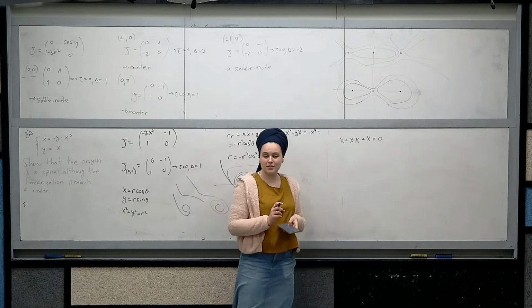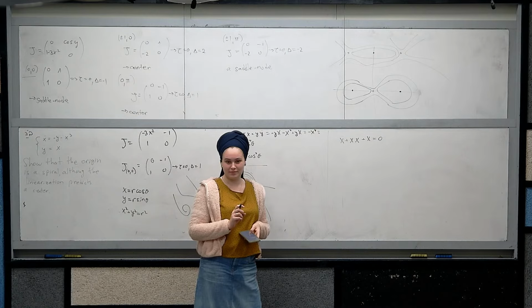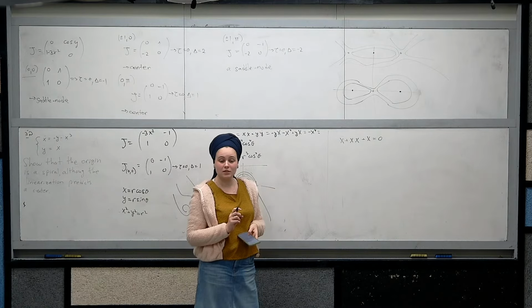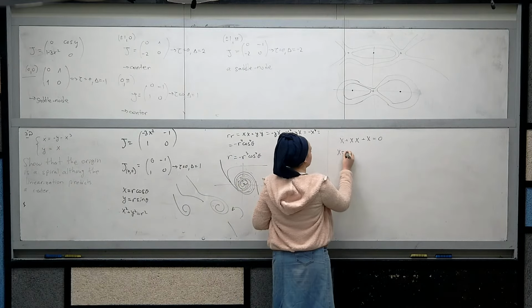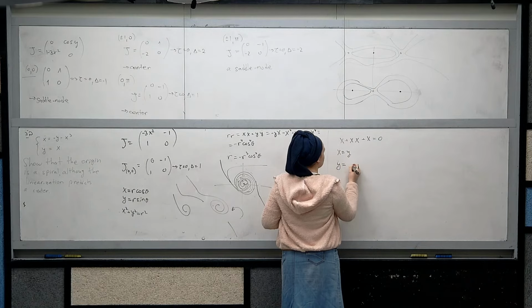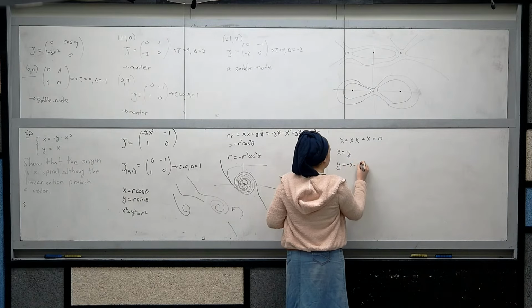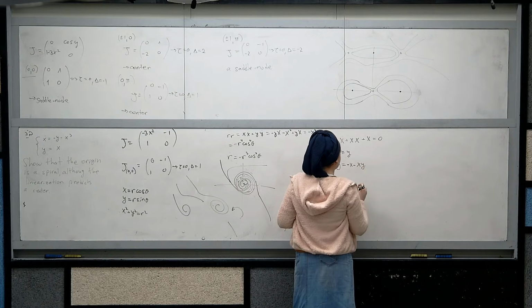Any suggestion? Suggestion? x dot equals y. Equal what? Equal y, x dot. Yes. Great. x dot equals y, so y dot is x double dot, which is minus x minus xy. Yes. Okay.